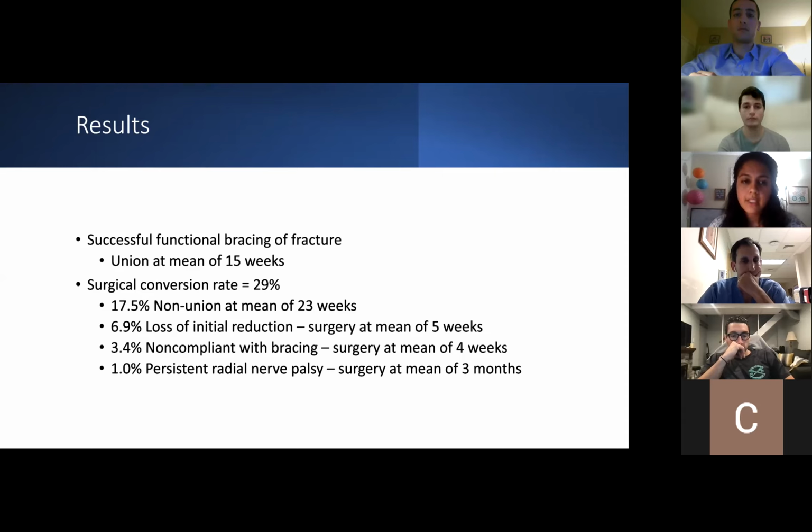And 7% of these were due to loss of initial reduction, and most of these patients ended up needing surgery at the average 5-week mark. 3.4% were due to non-compliance with the bracing, and they required surgery at the 4-week mark. And 1% of patients had persistent radial nerve palsy after the 3-month mark, and so they required surgery for that.